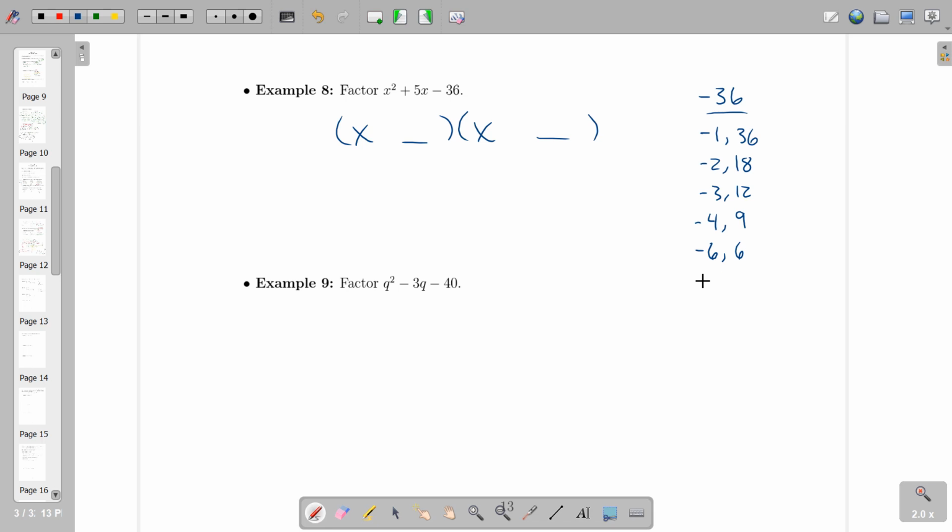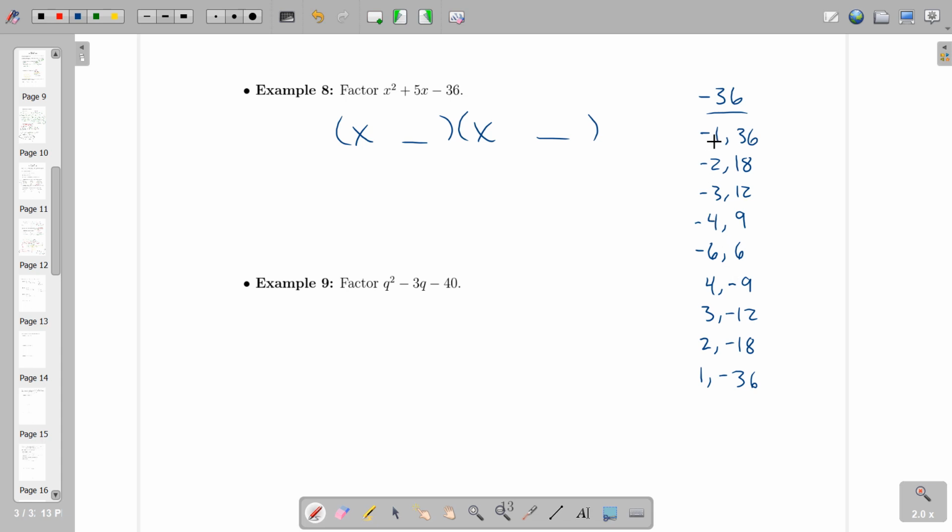And what you'll find, okay, so I think I got all the factors here, but then I really should be flip-flopping which one the negative goes with as well. Now in practice, you're probably not going to list all these out like I am.